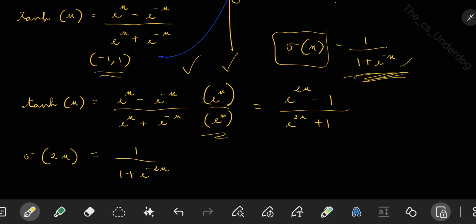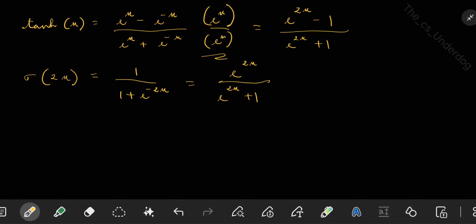That is, here instead of x I put 2x. This can also be written as, if I take the 2x to the numerator, e power 2x divided by e power 2x plus 1. So I'm trying to bring it to this form, okay, so that I can correlate both.